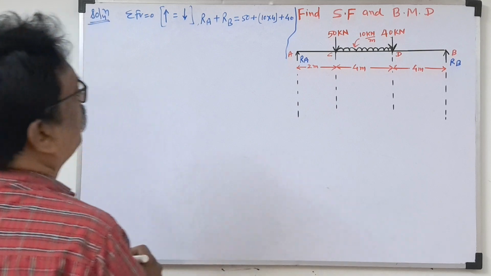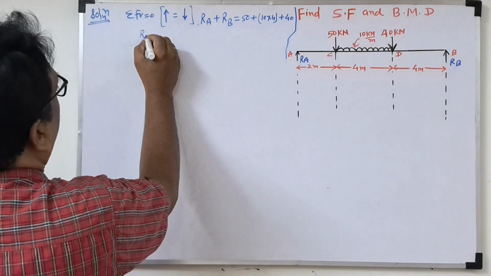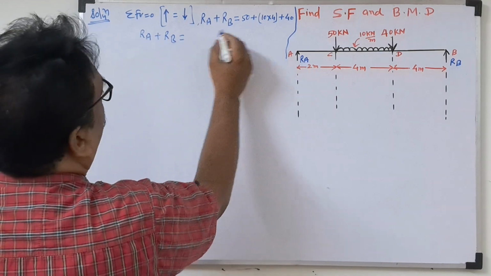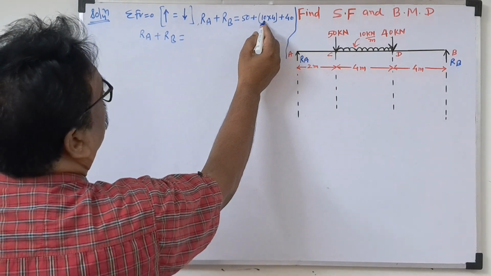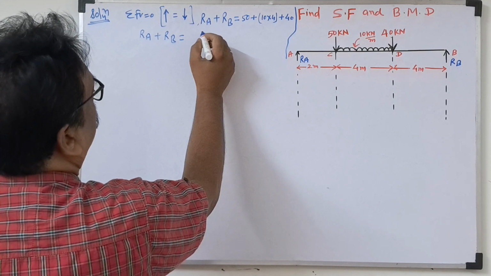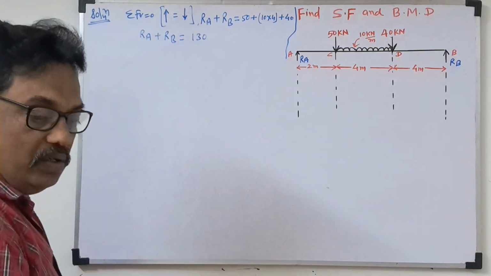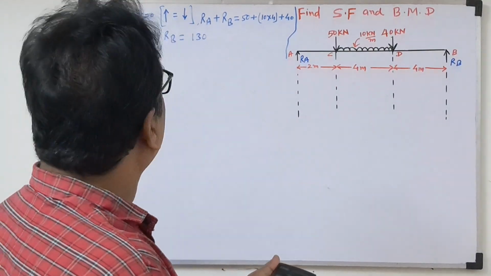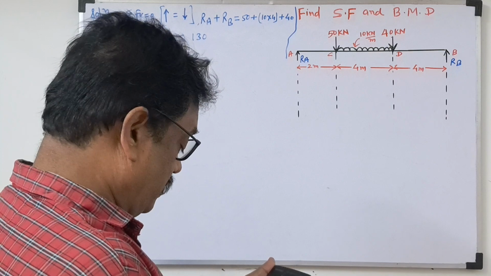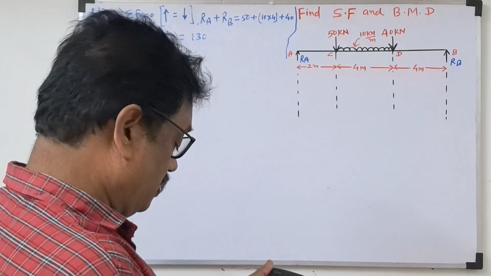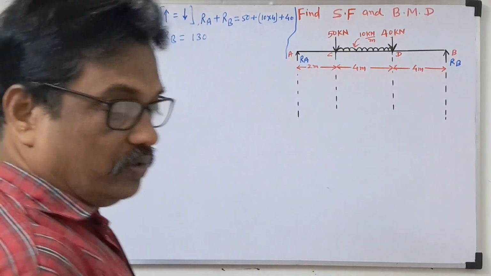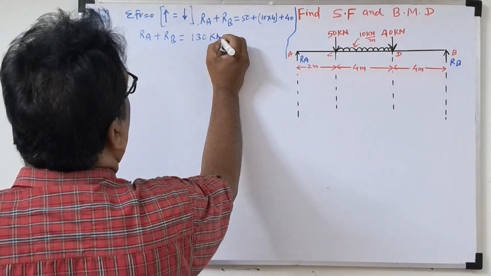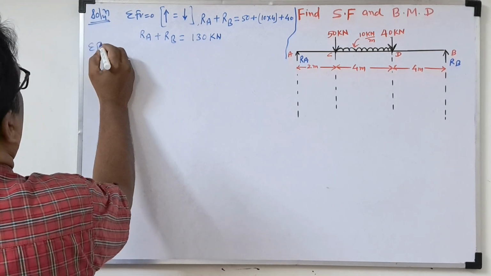So RA plus RB is equal to 50 plus 40 plus 40, which is 130. So this is 130 kilonewton. Now we will take the other equilibrium equation.